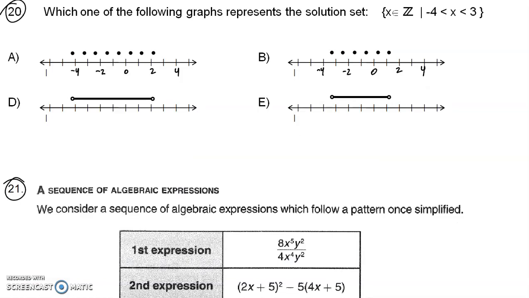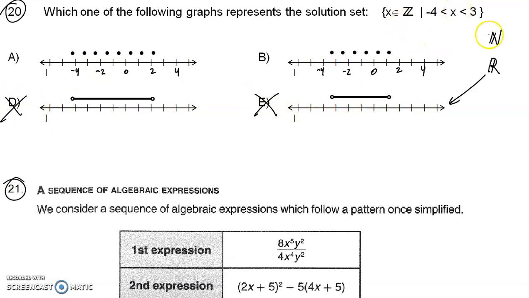Question 20. Yeah, we have to remember about the 3 number sets that we have, right? We have Z, which is positive and negative counting numbers. We have N, which is just the positive counting numbers, and we have R, which is all the numbers in between. So R is for reals, so that's not going to be a good answer, and that's not going to be a good answer because we're looking for integers.